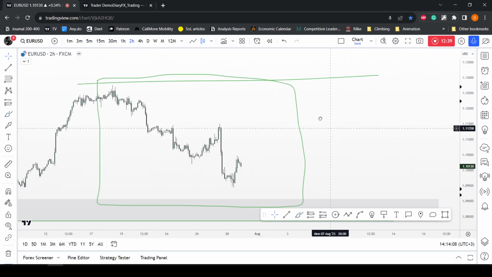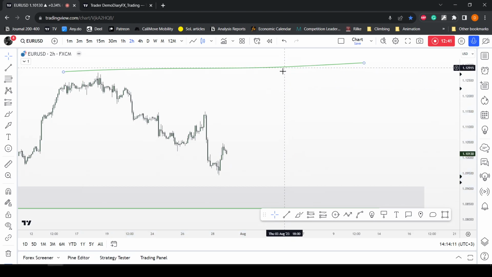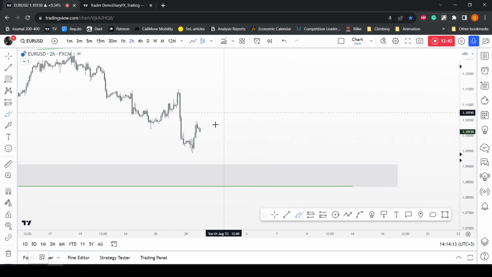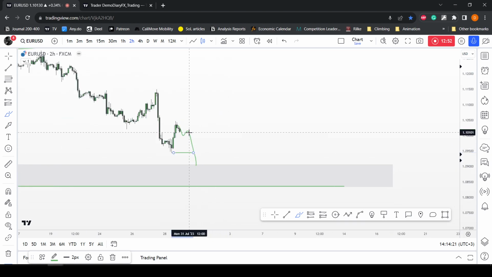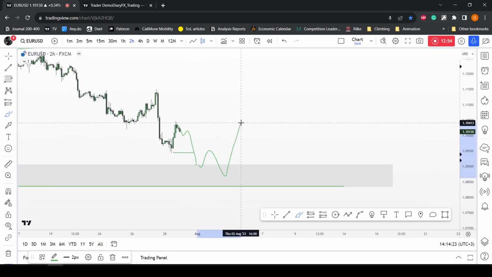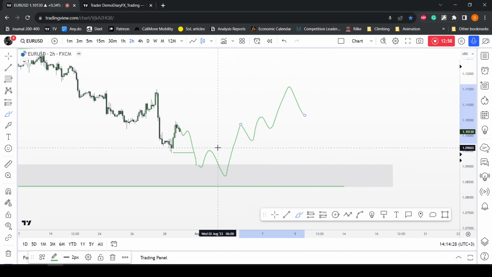So my plan for Euro USD for the next week is first of all to see some bearishness, so break these lows. It seems like the price wants to go and mitigate these deeper zones, and then wait for shifts to the upside and look for entries somewhere here, so something like this.